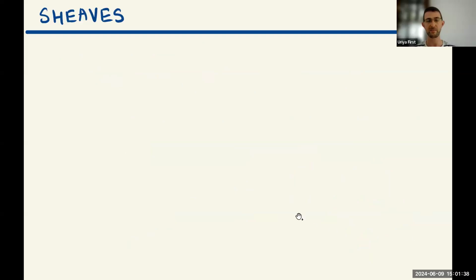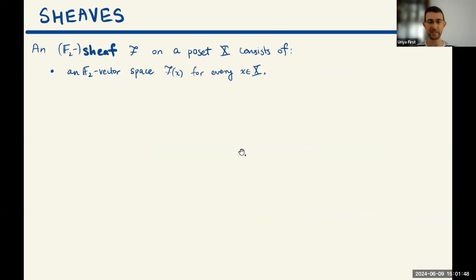What are sheaves? Well, a sheaf is really a linear algebra layer on a poset. So a sheaf curly F on a poset X will consist of the following data: an F2 vector space curly F of x for every element x in X. And we need a linear map from curly F of x to curly F of y whenever x is smaller than y.